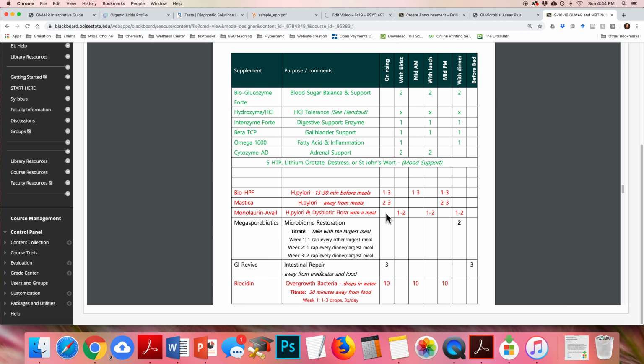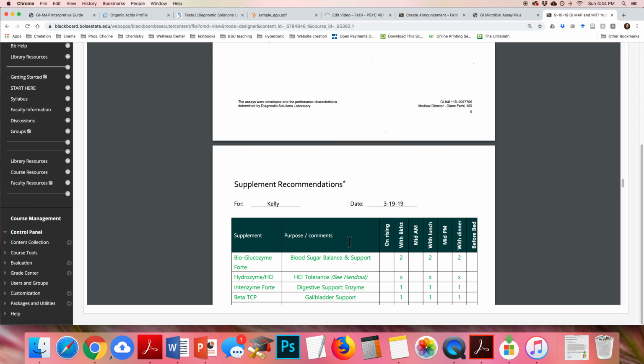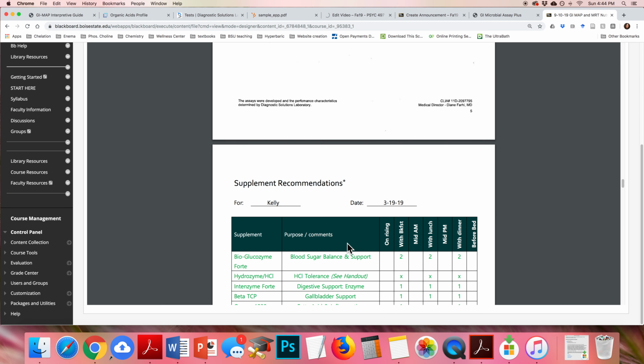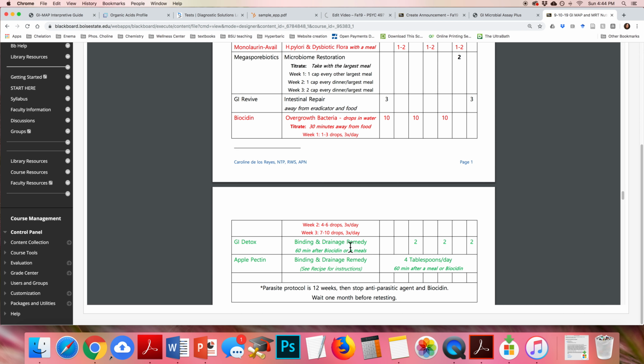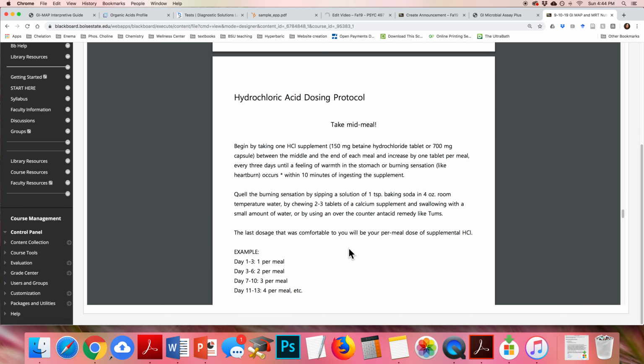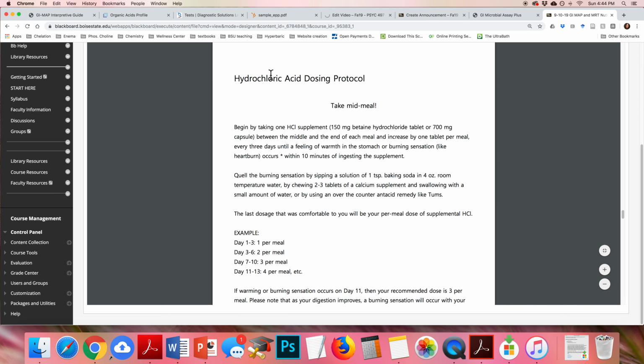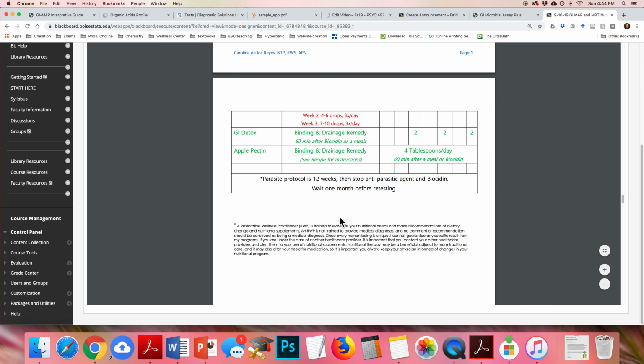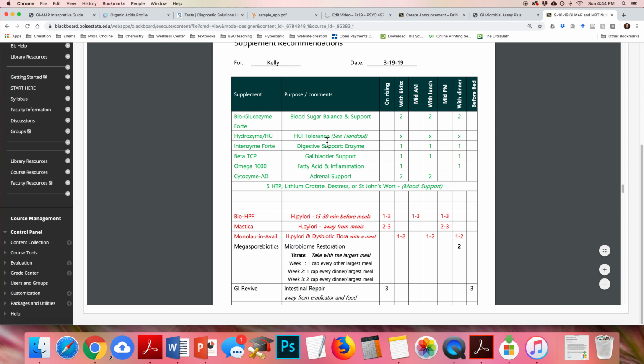The practitioners who interpret these GI maps give you a protocol to follow. This is a supplement protocol that was recommended based on the aforementioned GI map. This is an explanation of some of the things up here.